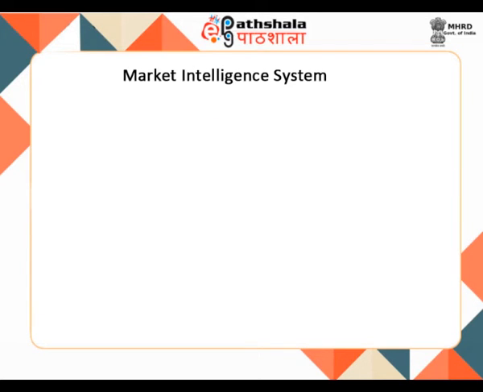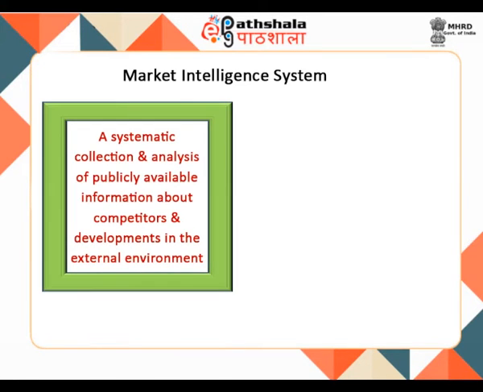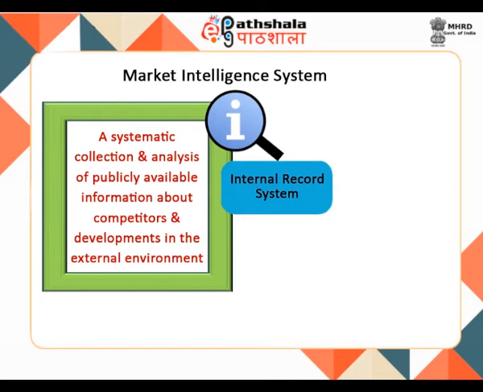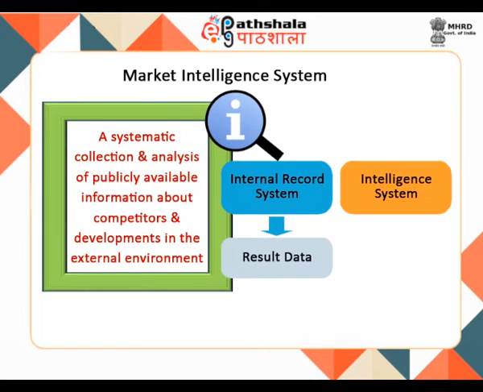Market intelligence system. This system refers to systematic collection and analysis of publicly available information about competitors and developments in the external environment. As against the internal record system that supplies the results data, the intelligence system provides the happening data.